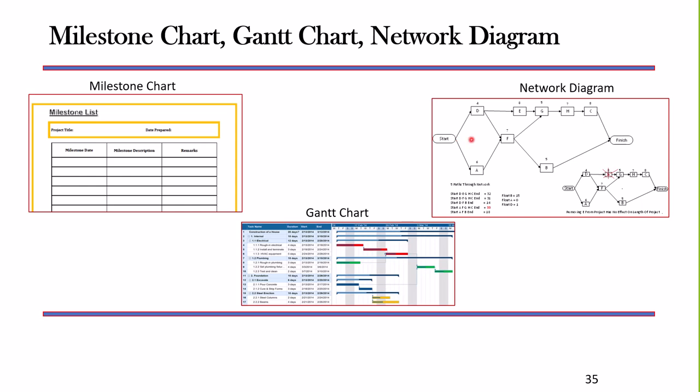The project team is going to be very interested in this. Then we have the Gantt chart, which shows the task and the sequence and percentage complete and other things such as that, when people are going to be used, and of course your functional managers are going to be interested in that Gantt chart. Senior management, though, they want to see that milestone chart, don't they? They don't want the details.